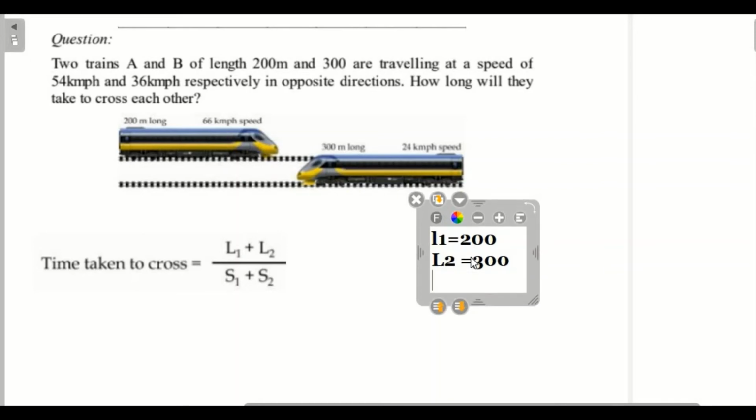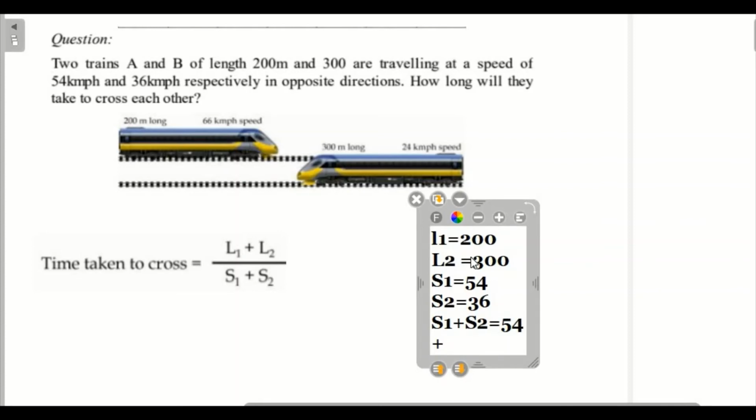The speeds are given in km/h, so we have to convert them into m/s. S1 equal to 54, S2 equal to 36. So S1 plus S2 equals 54 plus 36 equals 90 km/h.